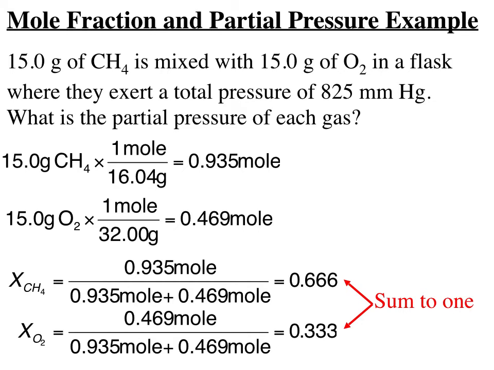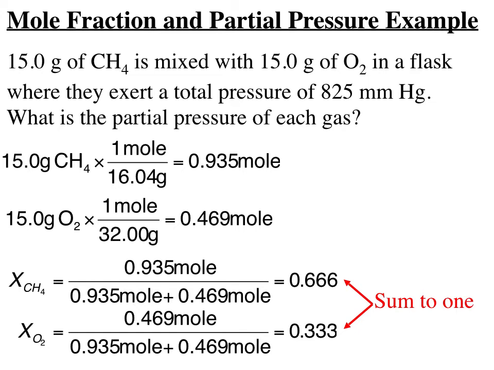Let's look at an example of calculating partial pressures from mole fractions. I mix 15 grams of O2 with 15 grams of methane, and they exert a total pressure of 825 millimeters of mercury in some flask. So what is the partial pressure of each? I first divide the mass of each by the molar mass of each to find the number of moles of each.